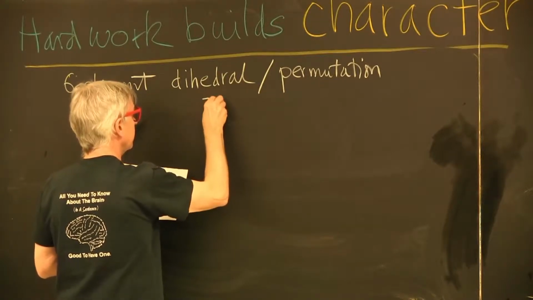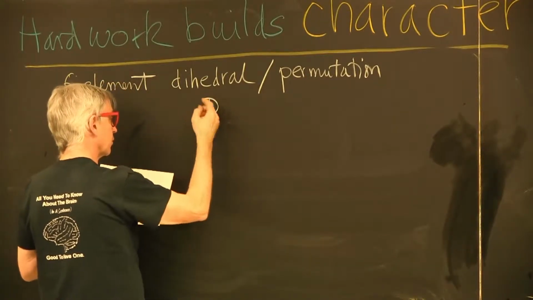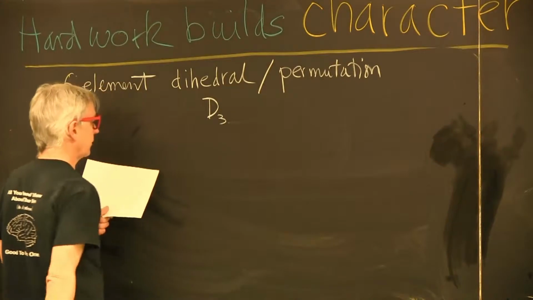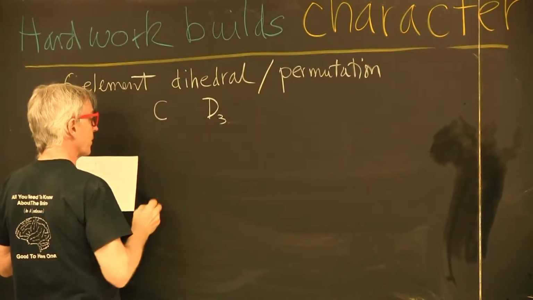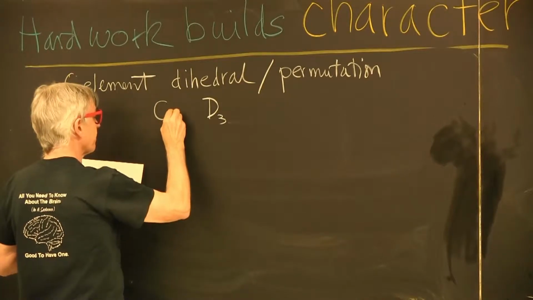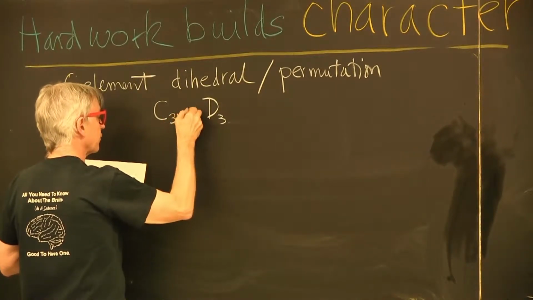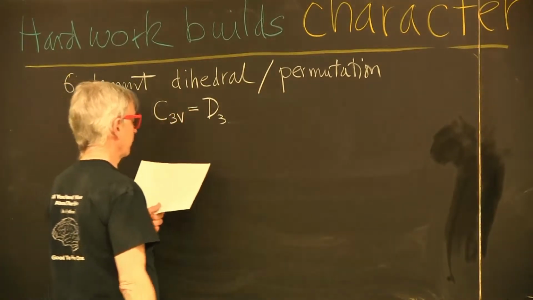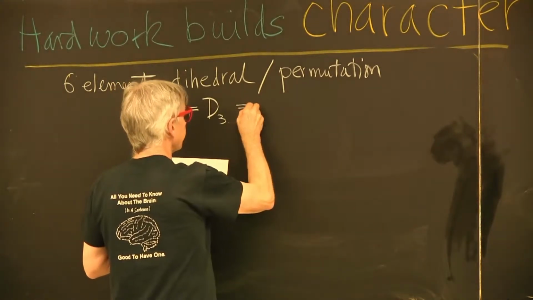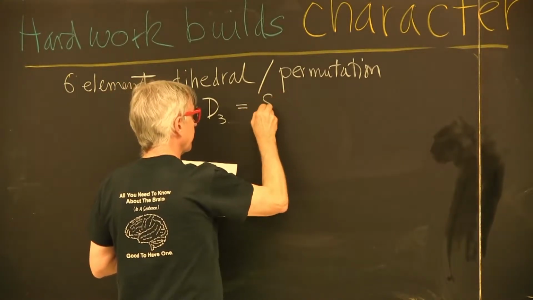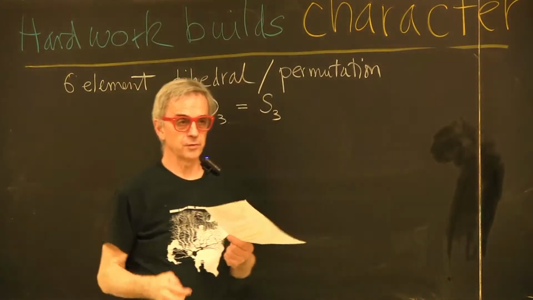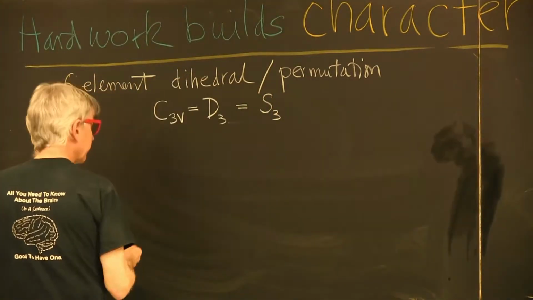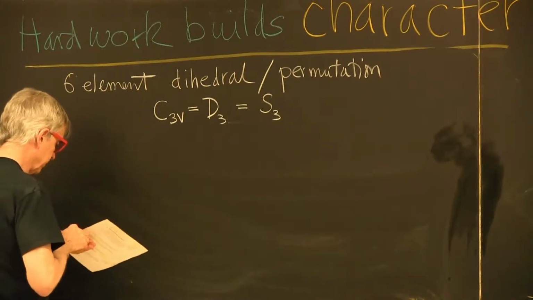So, dihedral, finite groups are called these, and this is the third one. Or it's like a cyclic group on 3 elements, but it has a reflection added to it. So it's bigger. And it turns out it's the same as permutation on 3 objects, which is the standard representation of symmetry groups, the permutation group. So that one is much easier to draw.